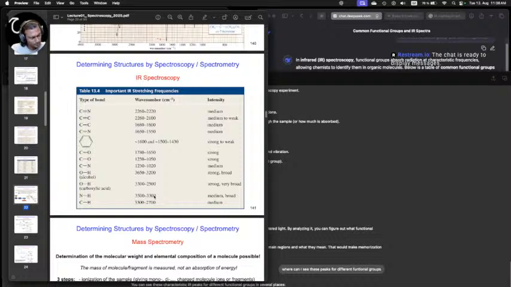Strong. Okay, the lower the wavelength, the stronger the intensity. No? Nope. Strong.